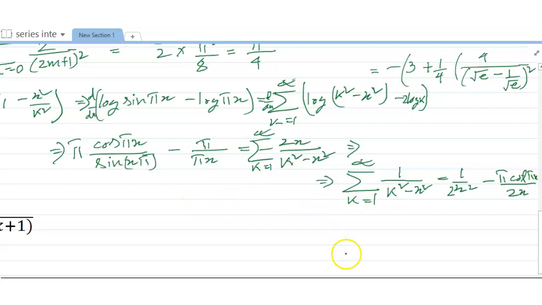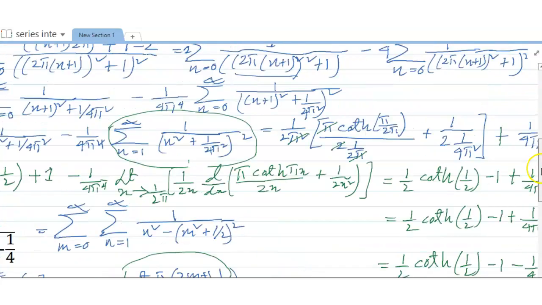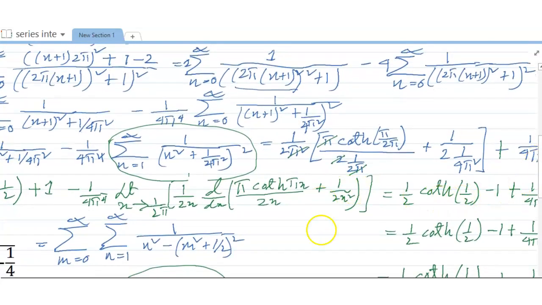And similarly we can show that the summation from k equals 1 to infinity of 1 by (k square plus x square) is equal to a different formula, friends, which we used in our previous problem. Which problem?